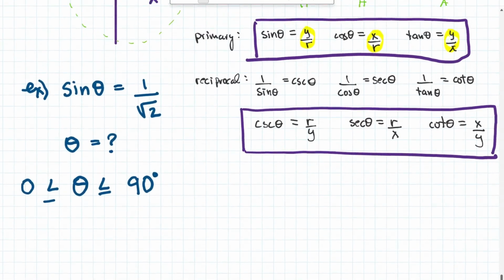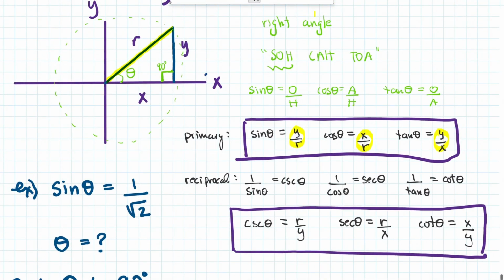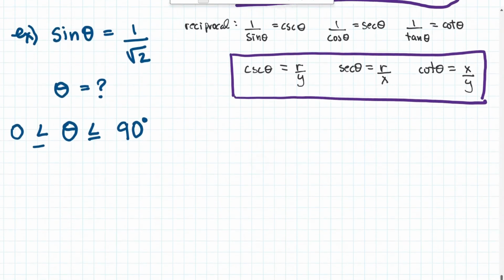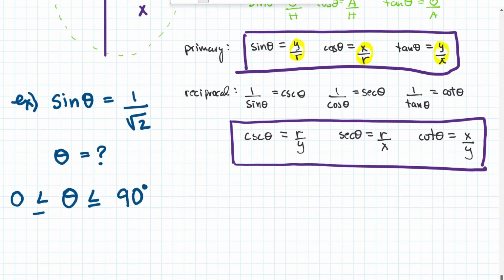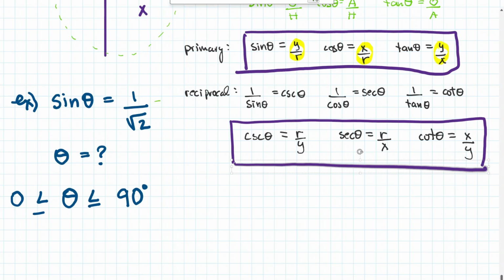That means we are restricting it to this quadrant, because our angle starts from 0 over here and goes to 90 degrees over there. Okay, so let's see what we can do. Sine theta, if we look at our ratios, equals y over r.